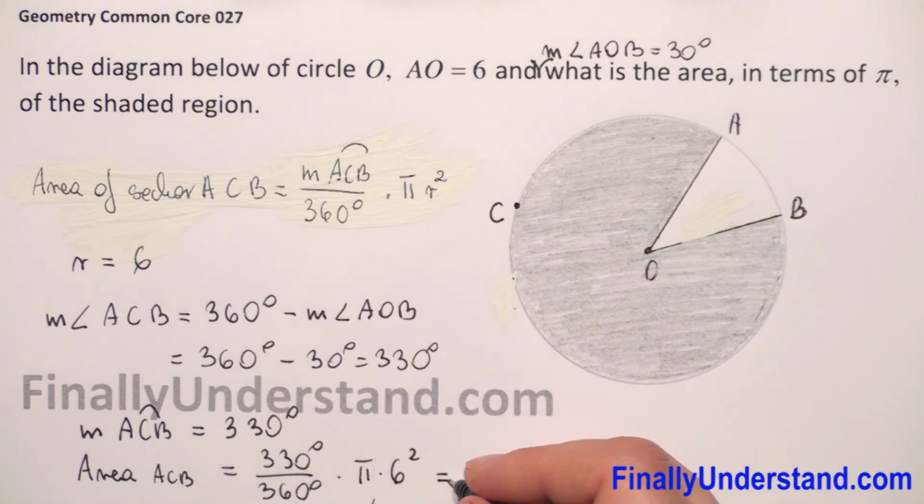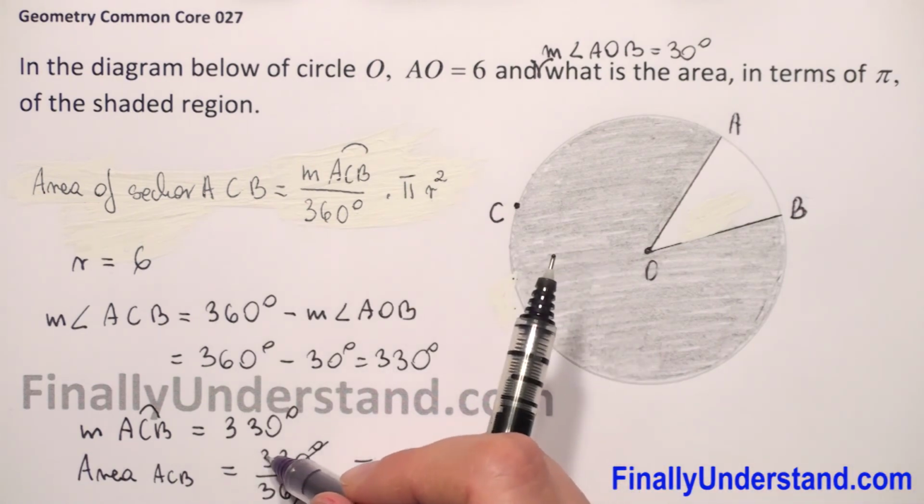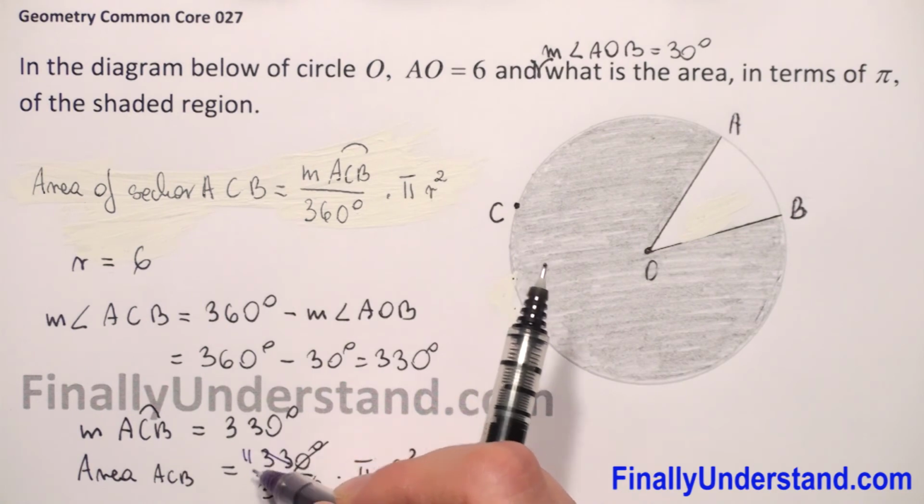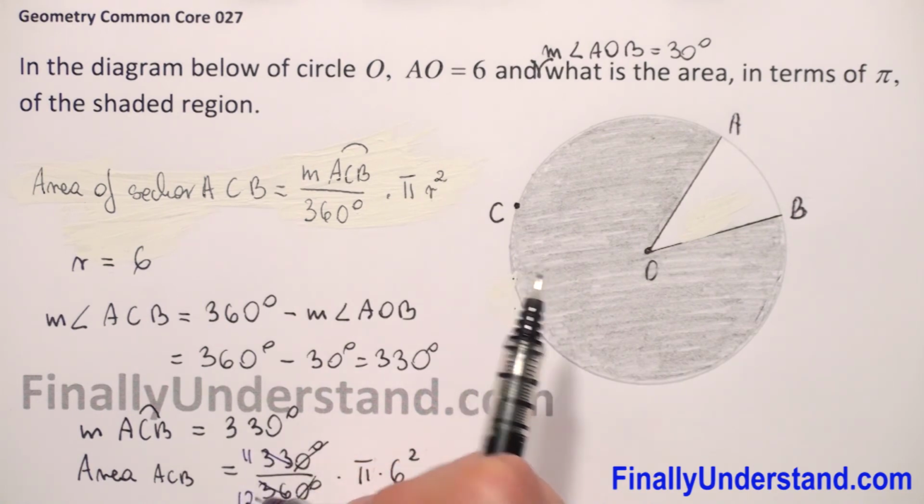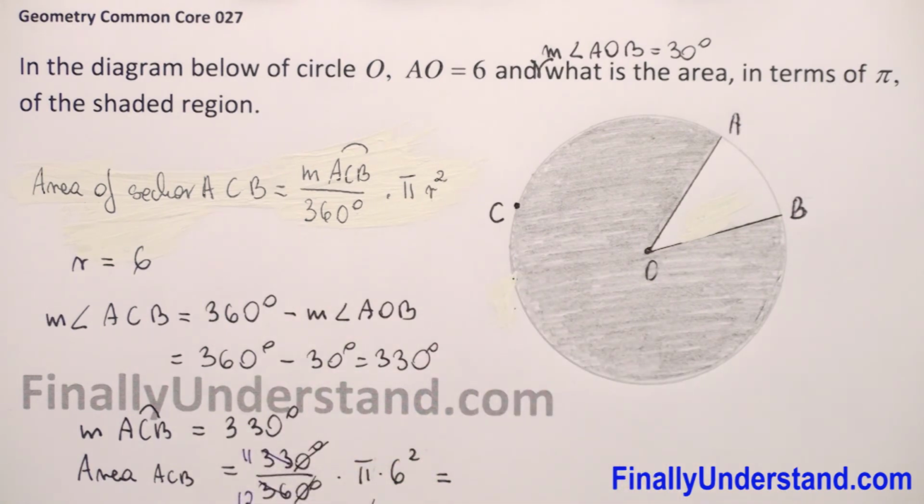So this is equal, we can reduce the degrees and zeros. 33 and 36 we can also reduce by 3, so it will be 11 and 12. So we copy pi, 11 over 12 times 6 to the second power, which is 36.